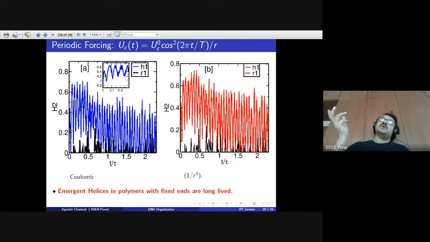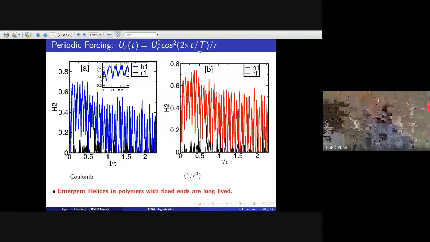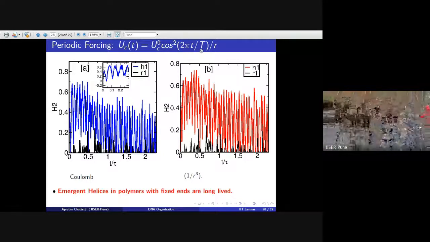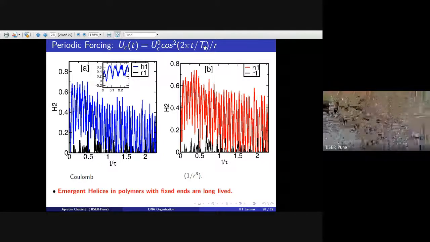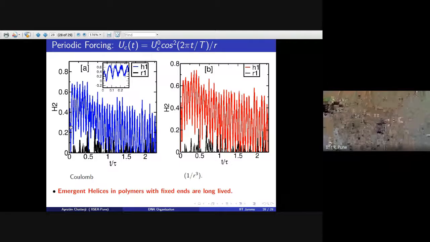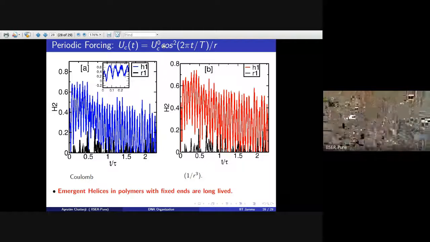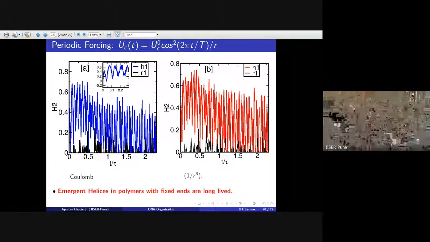But suppose you apply a Coulomb potential periodically. Suppose you have put in a periodic 1 by r potential, which increases with time and decreases in time, right? Cos square 2 pi by a certain time period. Then you see that every time this Coulomb potential is switched on, it forms a helix, then quickly dissolves, then forms a helix, then quickly dissolves.